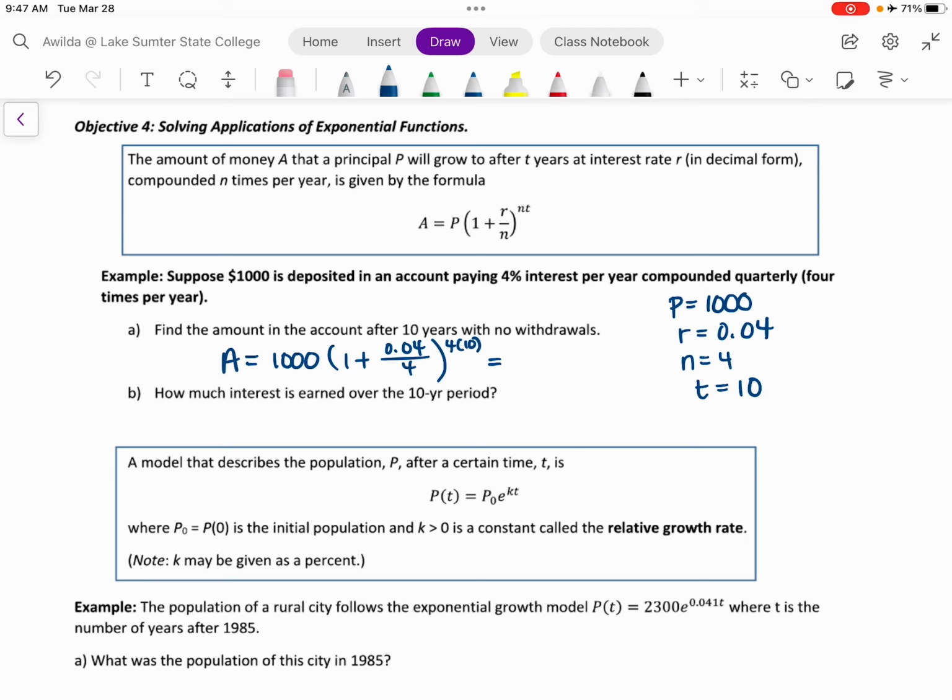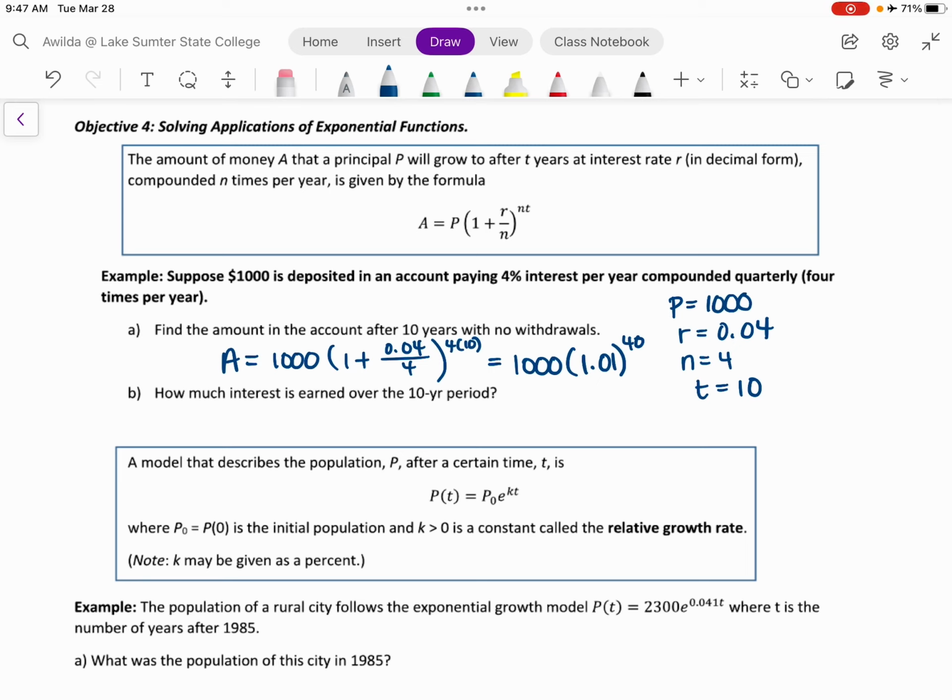Inside the parentheses, 0.04 divided by 4 is 0.01. So when added to 1, that just becomes 1.01. 4 times 10 on the exponent is 40.